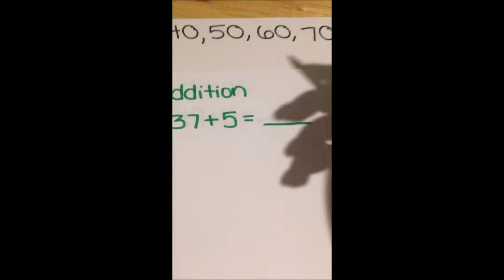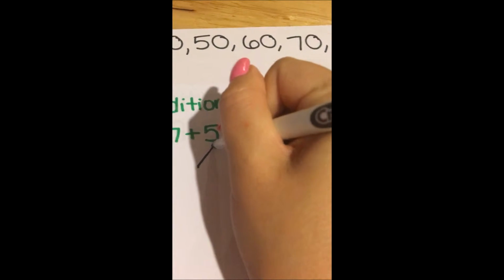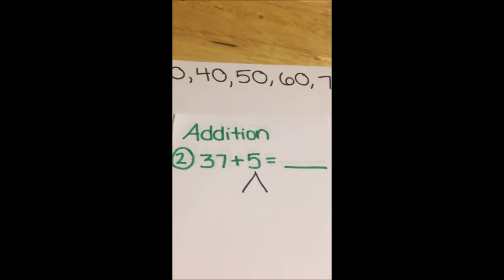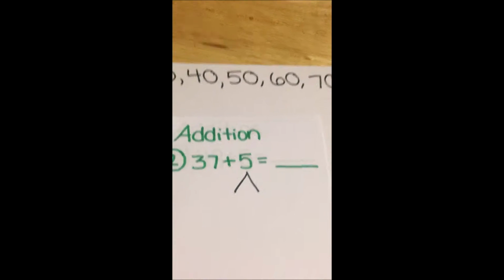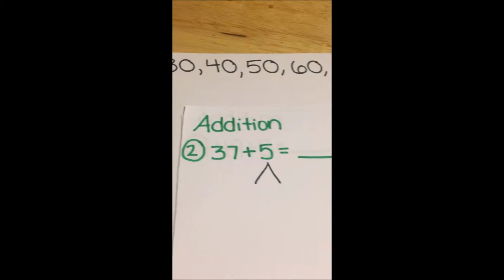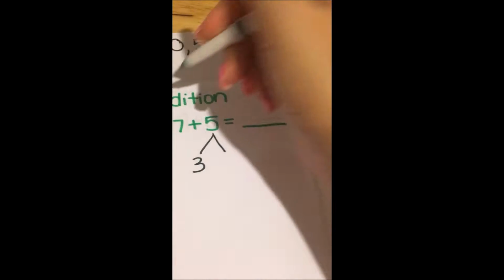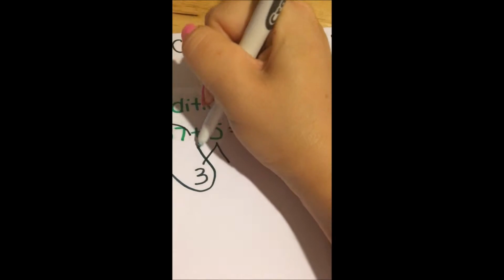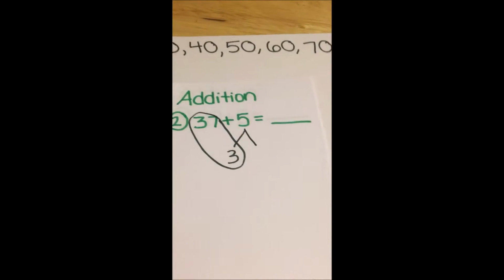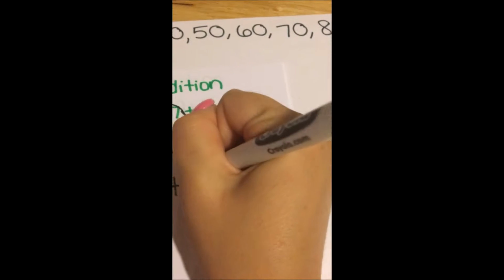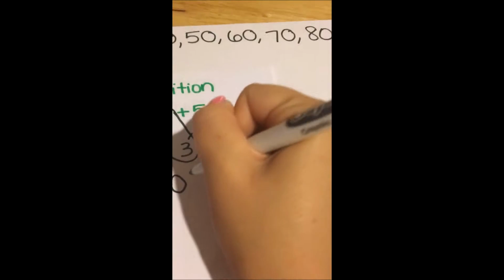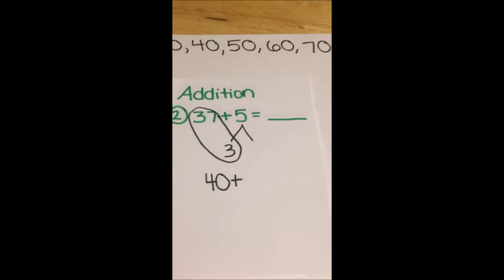So the 37 goes next door to the 5 and says, 5, I need to borrow how many? If you said 3, you're right. So the 37 and the 3 get together and form a 40. We bring down the addition.